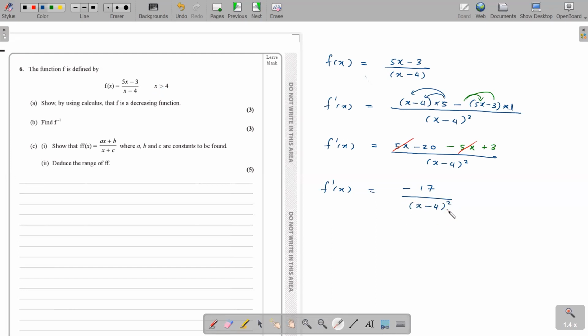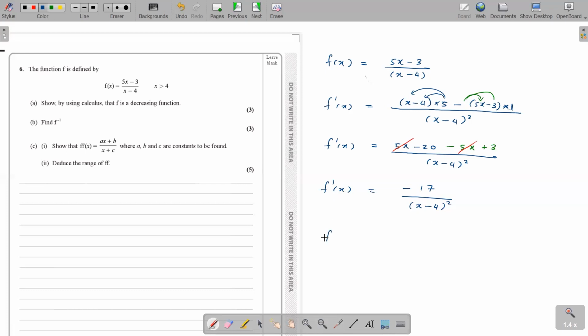This is a square function, right? So basically always it produces a what answer? Positive. Your denominator is positive. Regardless of what x value you use, your denominator is positive. And then minus 17 divided by the positive denominator is negative. End of the day, this entire bracket always produces a negative answer, which means your gradient is negative for all x values greater than 4. Do you see?